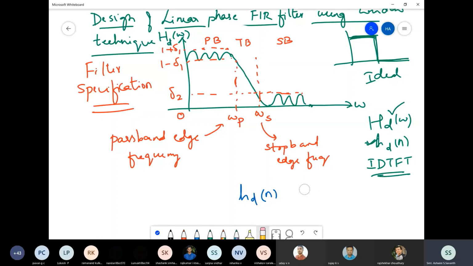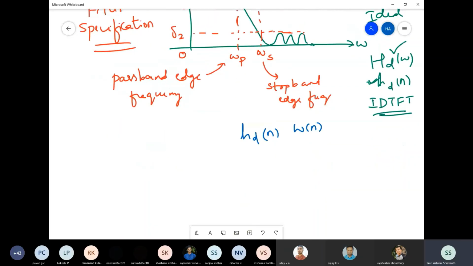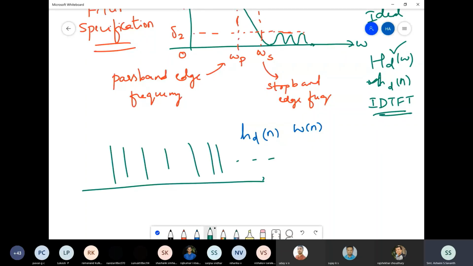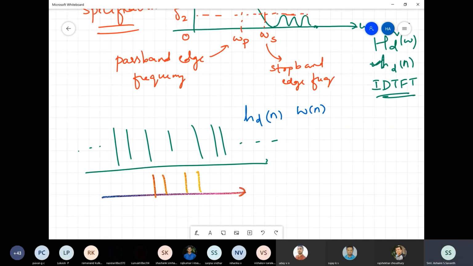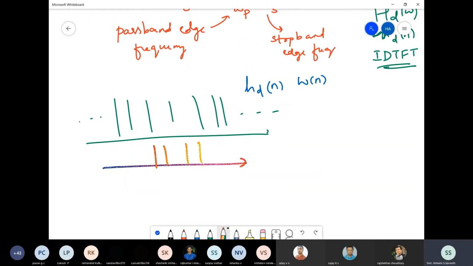So what we do is this HD of n, which is an infinite impulse response that we have obtained by taking the inverse DTFT, we'll multiply with the window function. If you have some signal which is going on, varying from minus infinity to plus infinity, with a window function which is defined only from 0 to m minus 1.